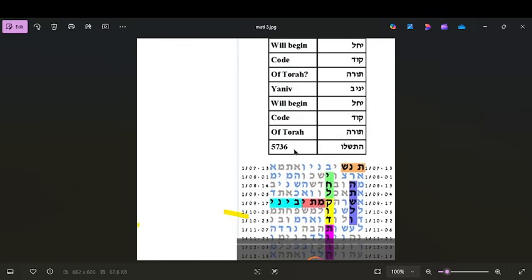Yachel codes Torah, will start in the year 5736. Hey is 5, Tav-Shin is 700, and Lamed-Vav is 36. So this is exactly the time that Yaniv started the Torah codes. Amazing, right?